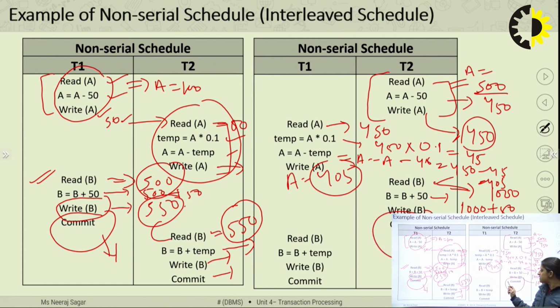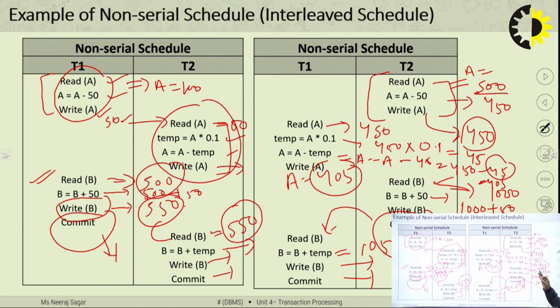Again after this we start the T1 transaction. Here T1 reads B, and the value of B is 1050, because T2 performed the commit. Now again B equals B plus temp, where the value of temp is 45, and we get 1050 plus 45, and we perform the write operation and then commit.